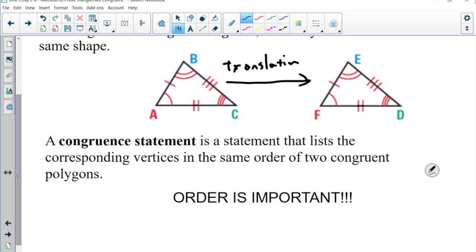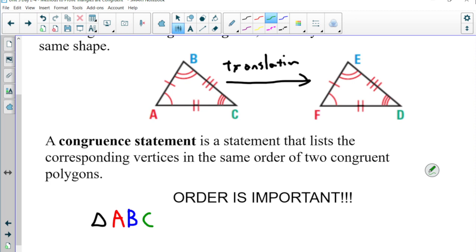It's locked in to be a certain order. So for example, if I choose to make this triangle A, then B, then C. All right, you're seeing me write triangle ABC.